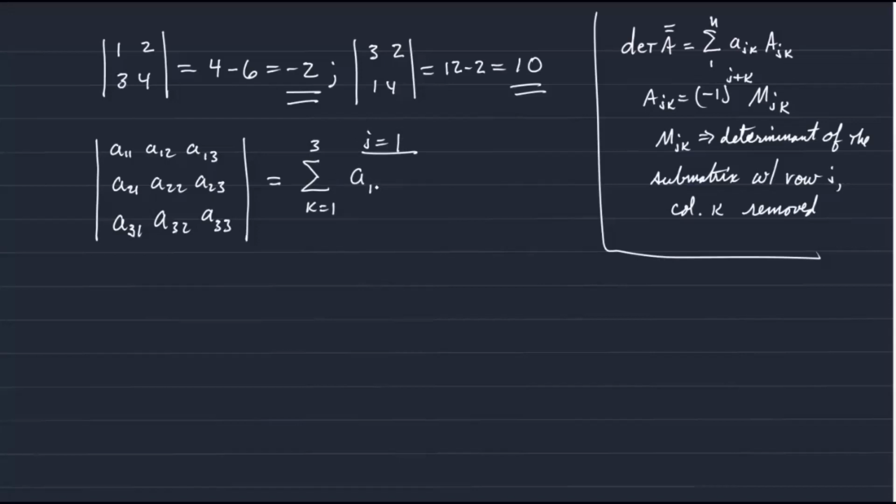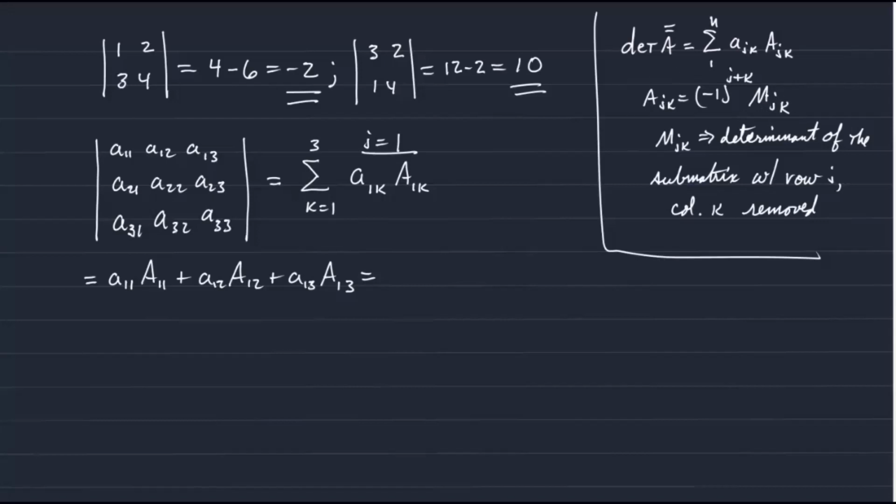So we have the sum of A1k times the cofactor 1k, and we're summing for k going from 1 to 3. So that gives A11, capital A11, plus A12, capital A12, plus A13, capital A13.